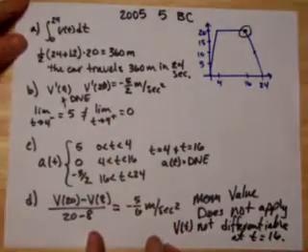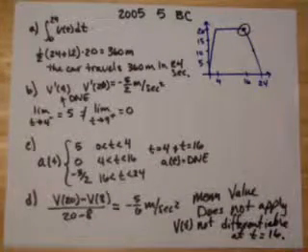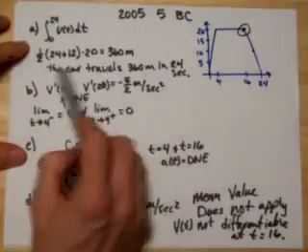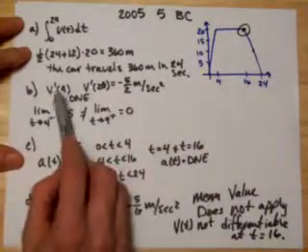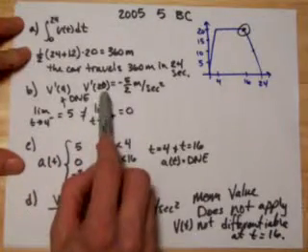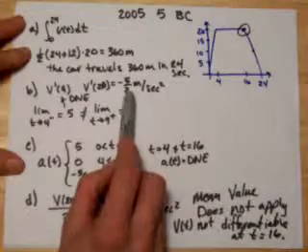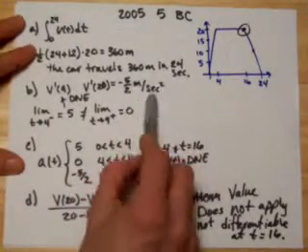As far as the points on this problem, 2 points for A, 1 for the value, and 1 for the meaning of the units. B, 1 point for saying v prime of 4 does not exist with an explanation, 1 point for v prime of 20 equals -5/2, and 1 point for getting the correct units.